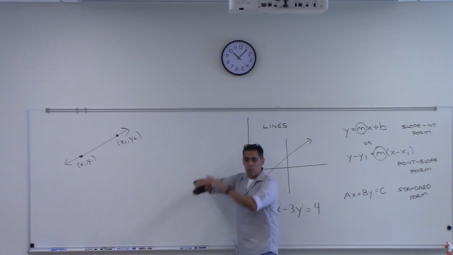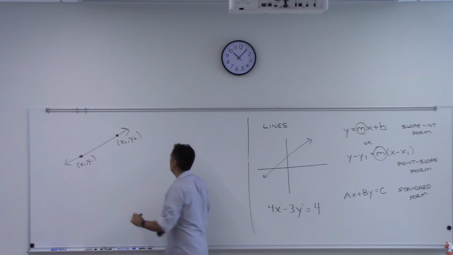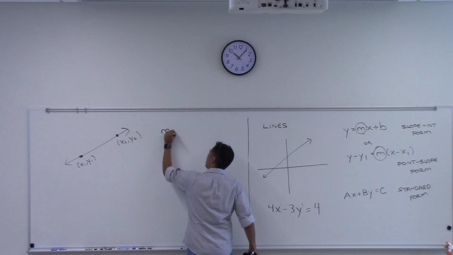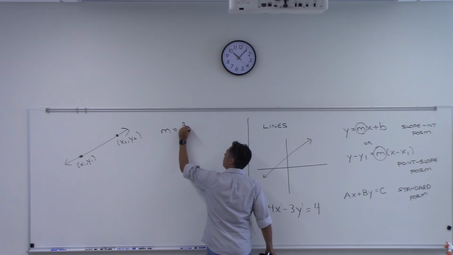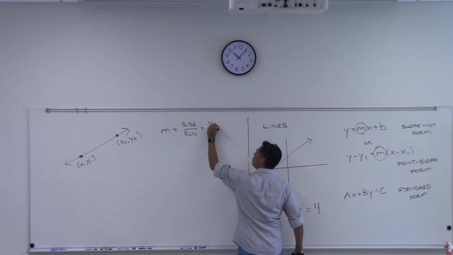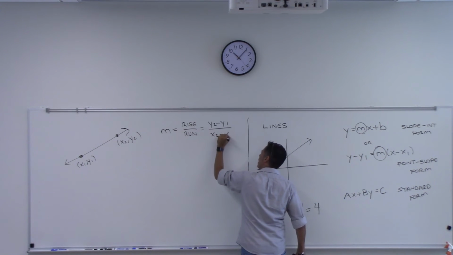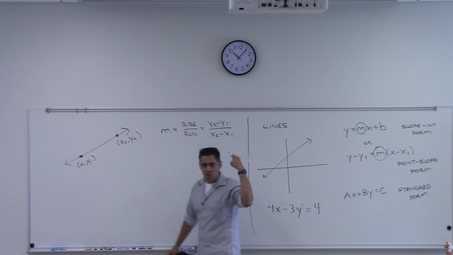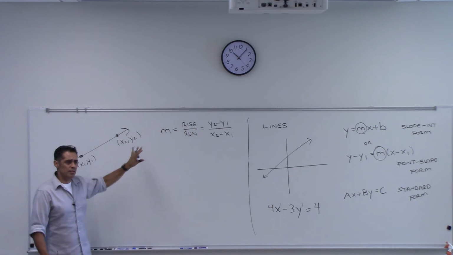All right. So if we have a line and we have 2 points on that line, the slope of this line by definition is rise over run. I know you've all heard that. But in terms of those points, it's always y2 minus y1 over x2 minus x1. Again, that should look familiar to you from college algebra, yes?